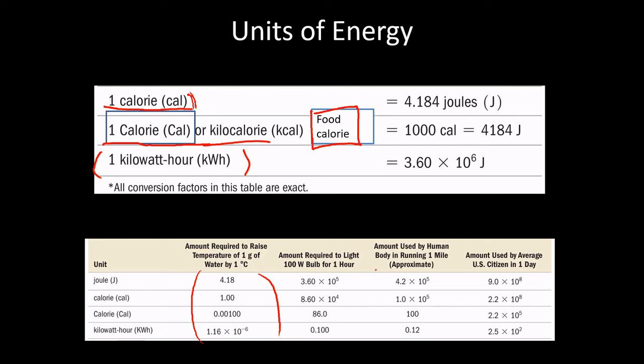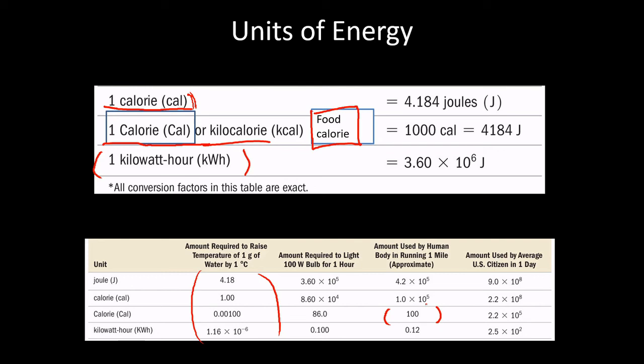But you can also see the amount of energy that it takes to do other things that you probably do in your everyday life. So like, for example, running a mile. It takes about 100 food calories, and that'll be a little bit different from one person to another, but it's approximately 100 food calories to run a mile.